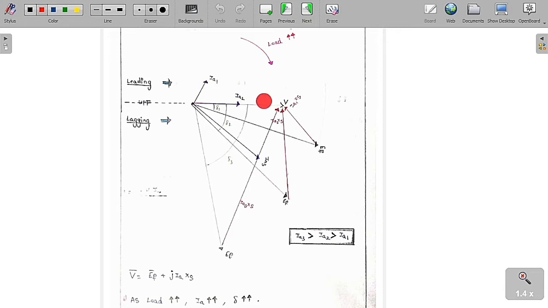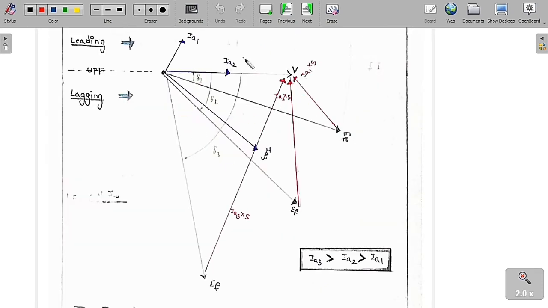So what we have understood now is, if I increase the load, then definitely the value of IA is increasing, and the value of delta, which is the phase angle between EF and V, called the torque angle, is also increasing, as you can see clearly from this phasor diagram. This is delta 1, this is delta 2, and this is delta 3. As you can see clearly, the delta also increases.